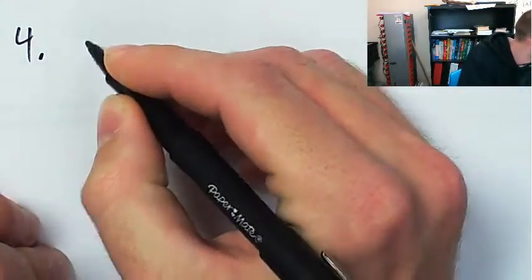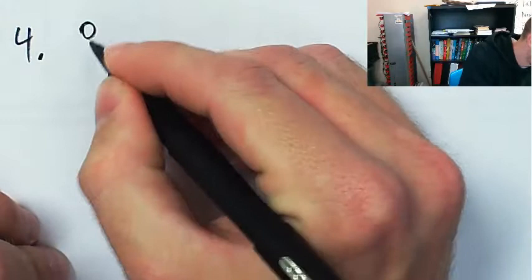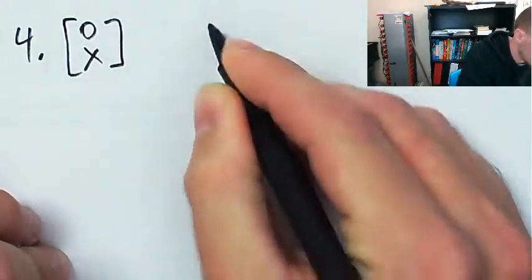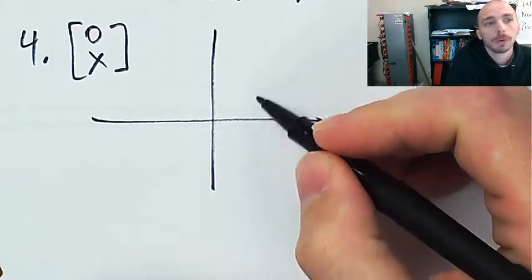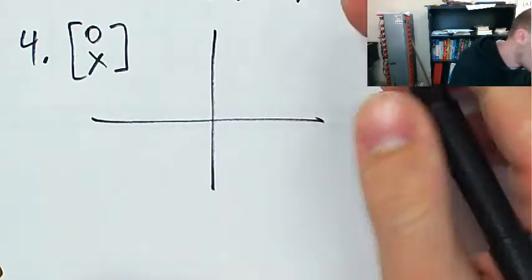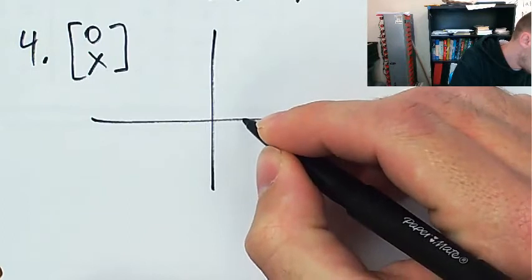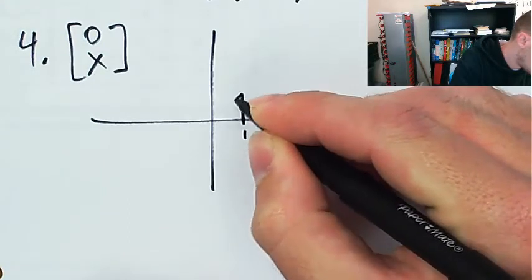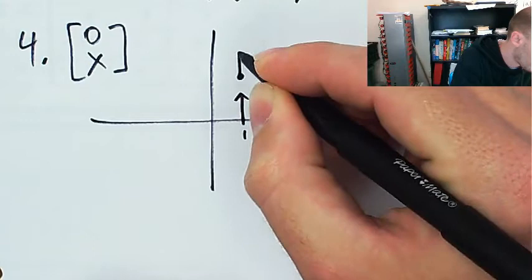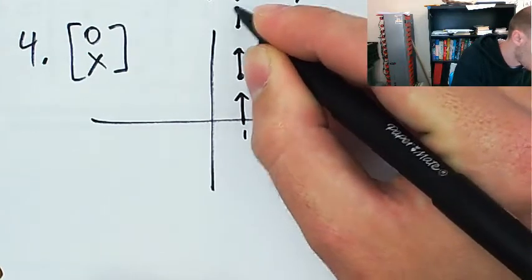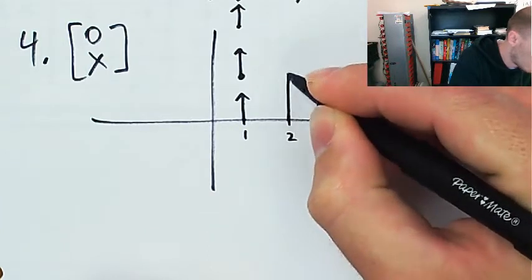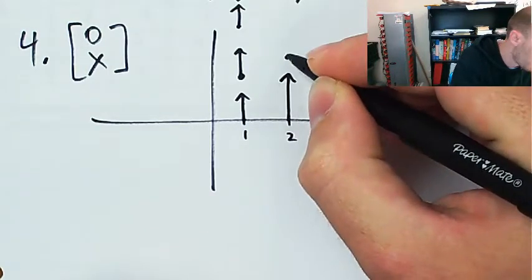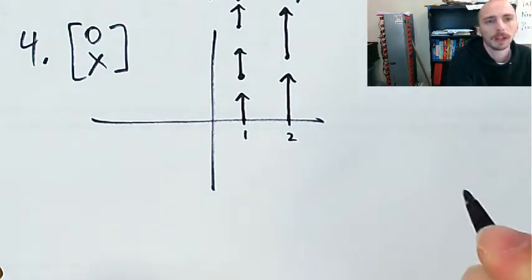Alright, the next one is f is 0 and x. So whatever the x coordinate is, that's what the y component of the vector output is going to be. Over here where x is equal to 1, I'm going to be going 1 unit in y. When x is 2, I'm going to go twice as far. That's about like that.